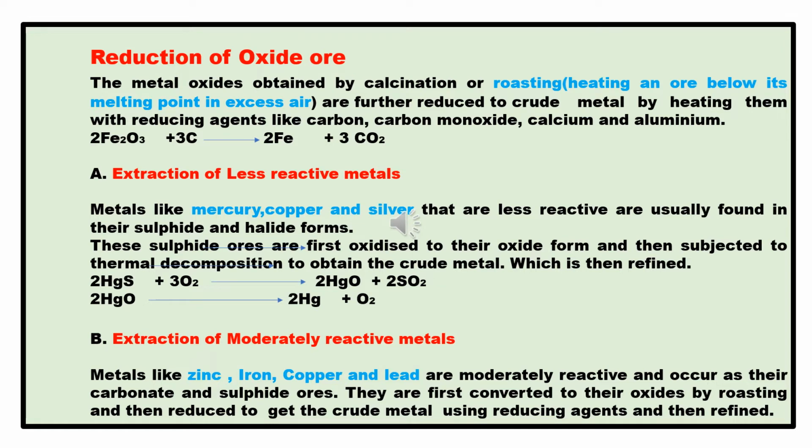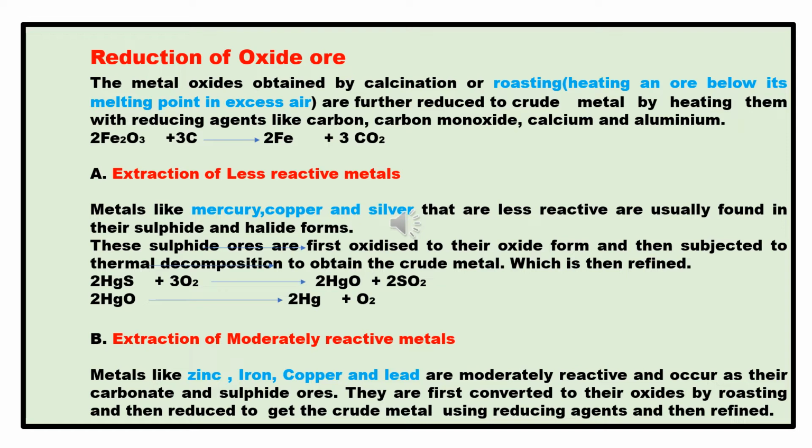Now, to reduce the converted oxide ores, again we have to use different methods based on the reactivity of the metal. All the metals we cannot treat in the same way. The ores should be treated based on the reactivity.